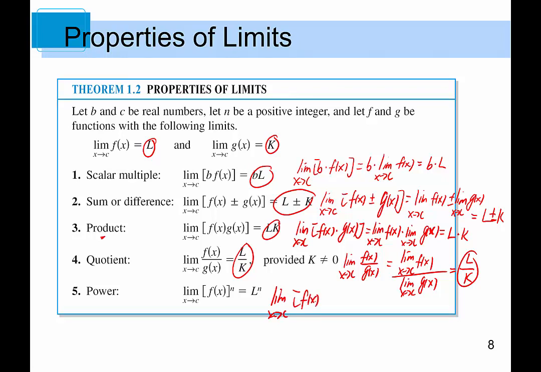F of x to the n, you can do limit x approaches c for f of x, and you can move the exponent outside of the limit. That becomes L to the nth power. Okay. So this is like a quick proof of all these basic properties of limits, but these properties are super useful.